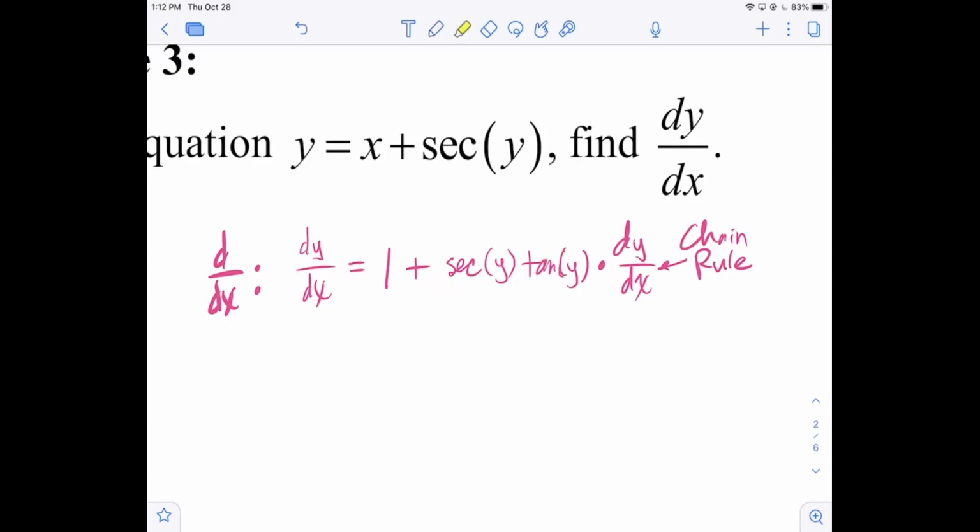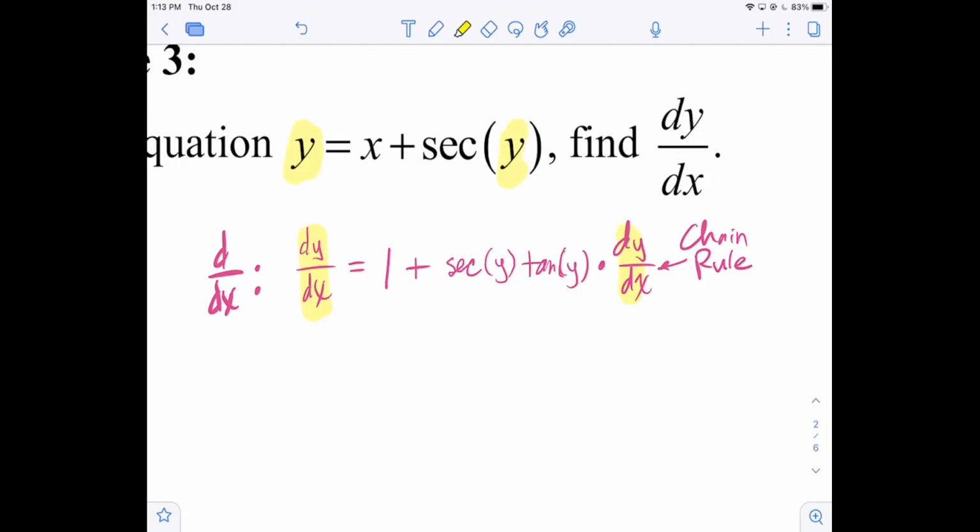How many y's do we have in the original equation? There's 2. Guess how many dy dx's you should have in your derivative? 2, right? Do we have 2? We do. Okay, so that wasn't too bad, right? Essentially what you're going to do is every function that has a y in it, you're going to multiply by a dy dx from the chain rule.